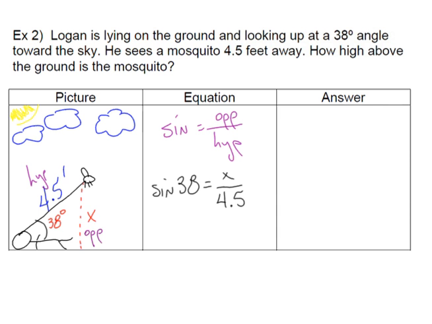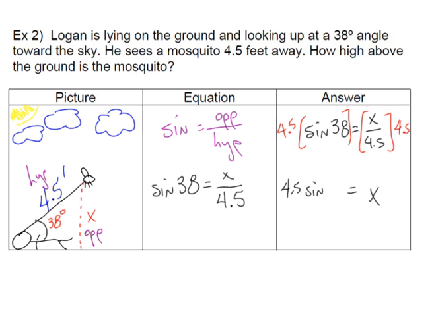To solve my equation, the sine of 38 is equal to x over 4.5. I multiply both sides by 4.5. I find out that x is equal to 4.5 sine of 38.